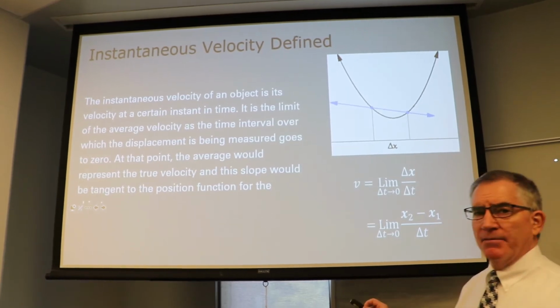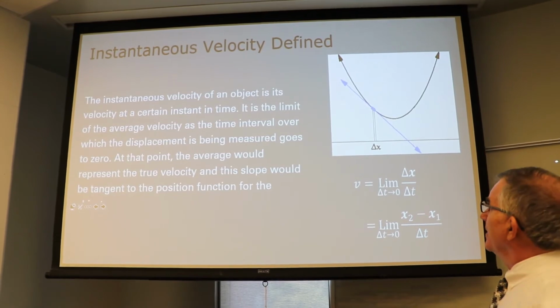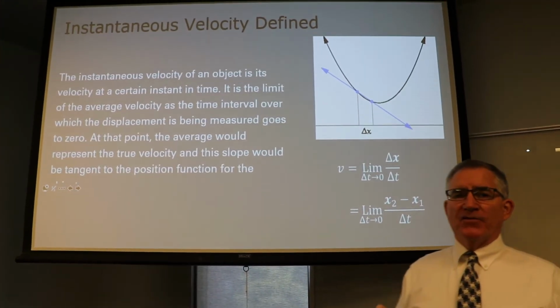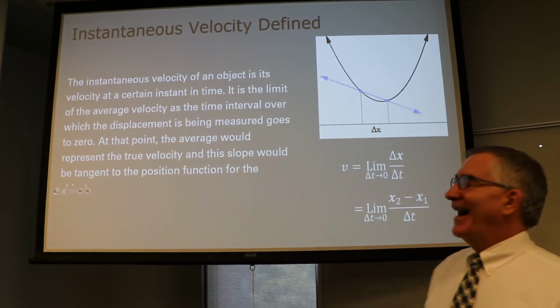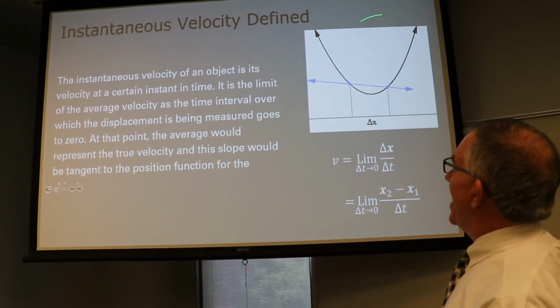The next slide. So, when we talk about instantaneous velocity, if you look over here on the bottom, I could not find a GIF, because I don't know how to make a GIF. So I just stole this GIF off the internet. And it's a math GIF.